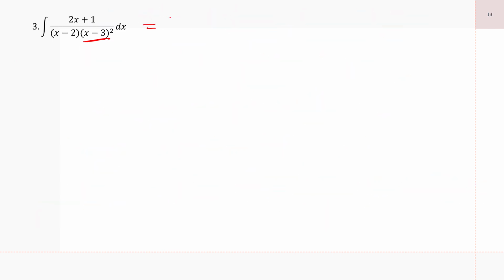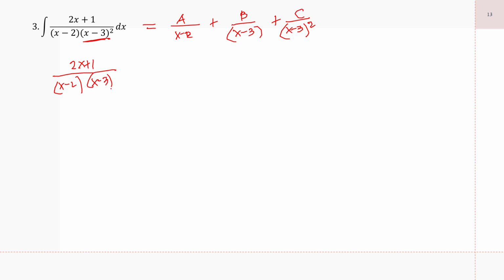So we have the equivalent partial fraction: a over x minus 2 plus b over x minus 3 plus c over x minus 3 quantity squared. So this is the equivalent sum of partial fractions. Now we equate this: 2x plus 1 over x minus 2 times x minus 3 squared is equal to a over x minus 2 plus b over x minus 3 plus c over x minus 3 squared.